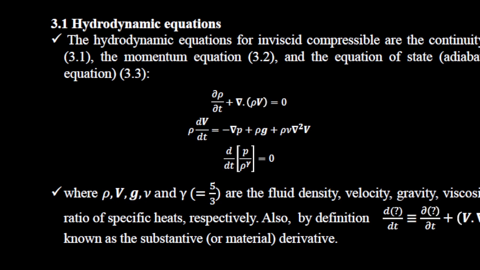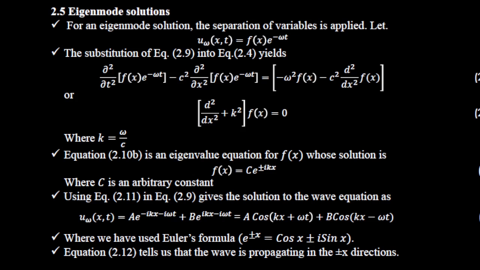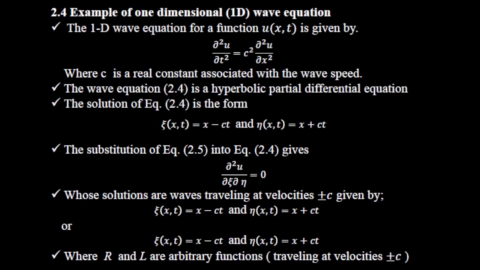Okay. So that you will have R, which will give you x minus ct, plus L. Well, we could look at this as you have x plus ct. So these are the two solutions that we are trying to get there.